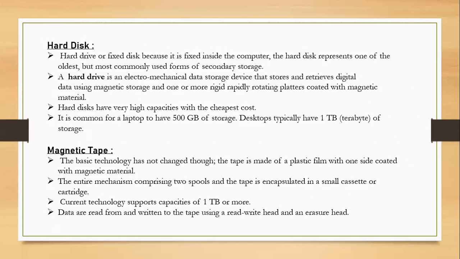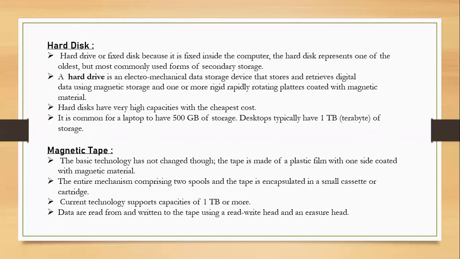It's common for a laptop to have 500 GB of storage. Desktops usually have 1 terabyte of storage. Then comes magnetic tape. The basic technology has not changed, though. The tape is made of a plastic film with one side coated with magnetic material.